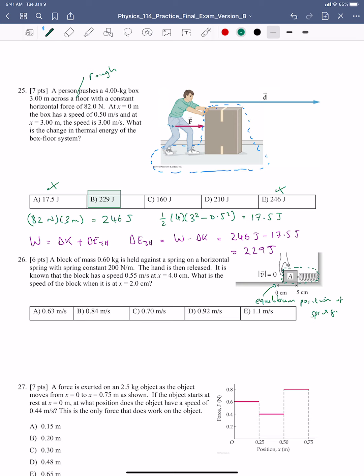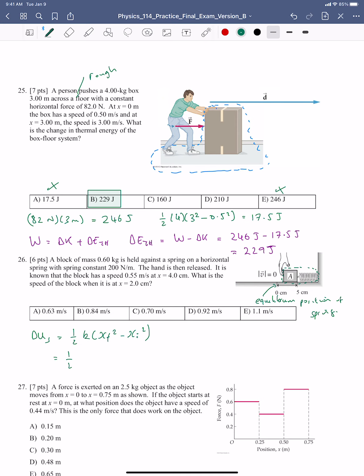You do not want to be applying 1/2 k delta L squared for the spring potential energy, because we're changing it from a stretched position to a less stretched position. So we need to apply the change in potential energy correctly as 1/2 k times xf squared minus xi squared. And that's the correct definition of the change in spring potential energy.